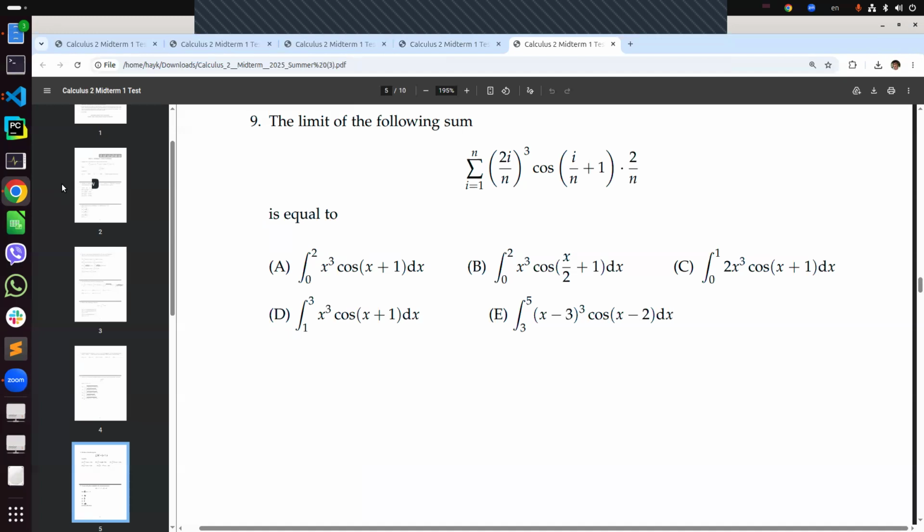Exercise number 9 says, given a Riemann sum, our goal is to identify which integral is given by this sum. Okay, what can we do?